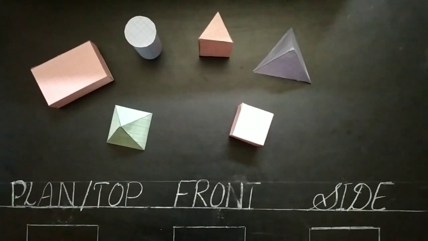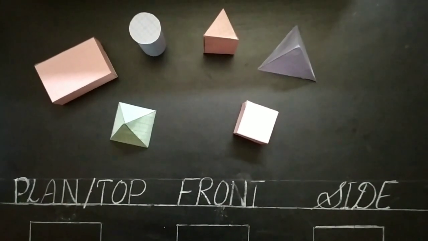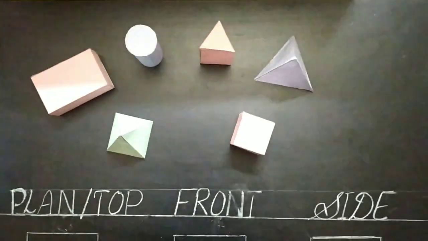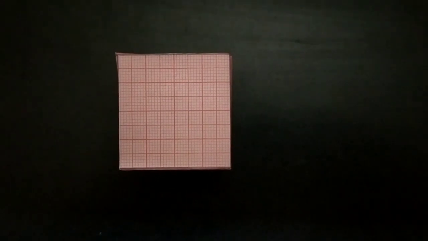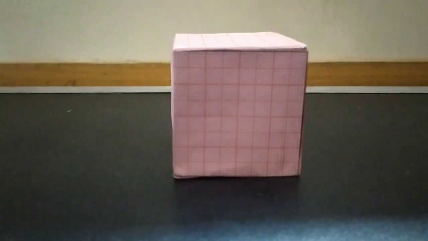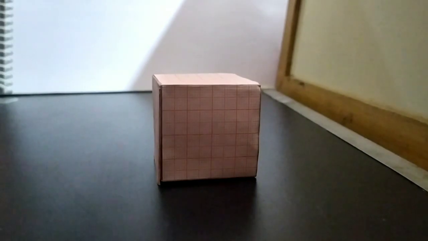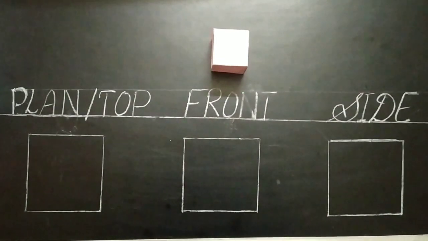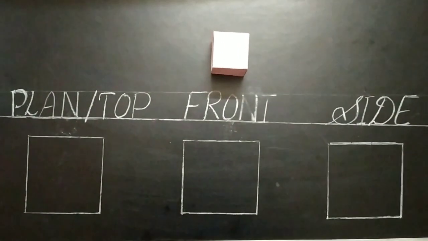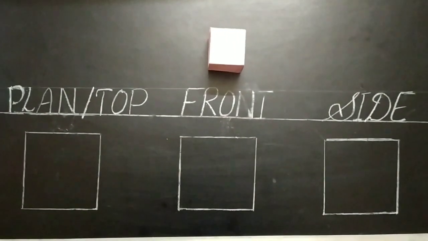Yes friends, now we are going to discuss the plan, front and side view of the solids shown over here. This is the top or plan view of a cube, the front view of the cube, and this is the side elevation or side view of the cube. Here you can see I have drawn the figure of the front, side and plan or top view of the cube.